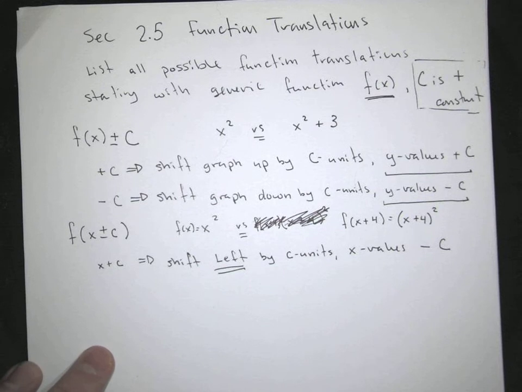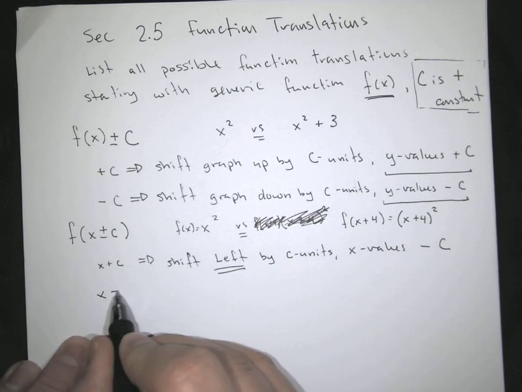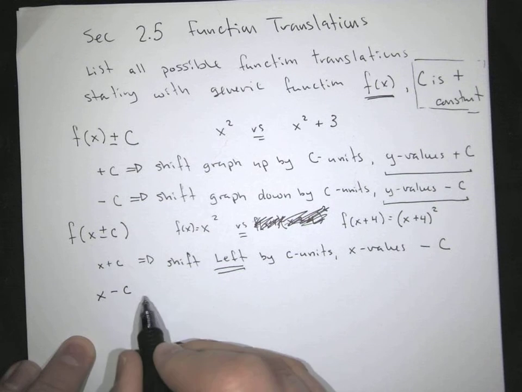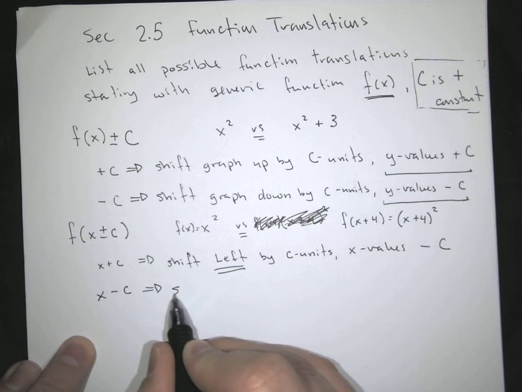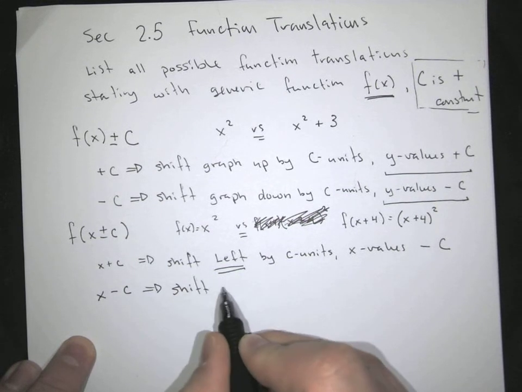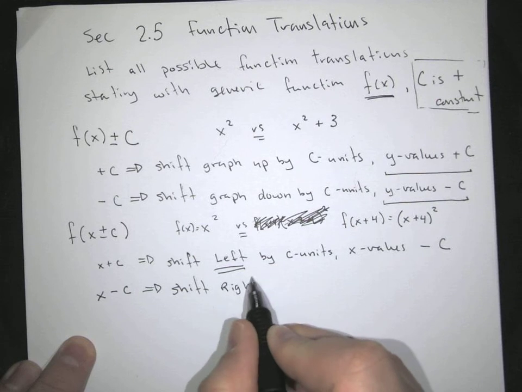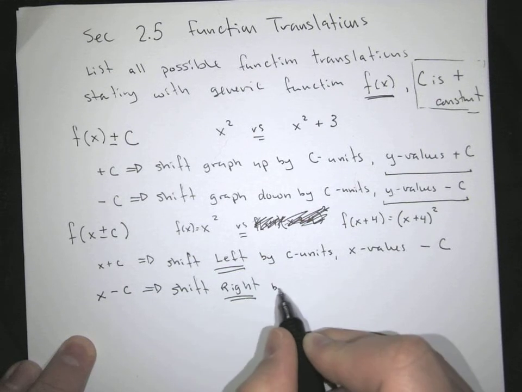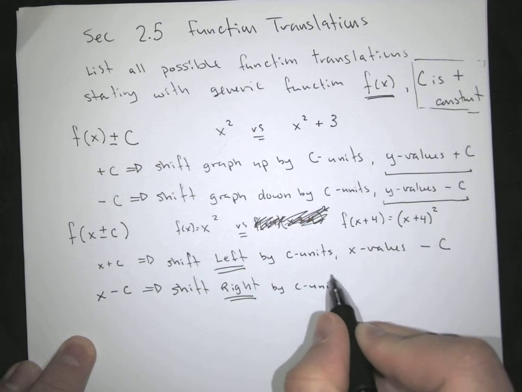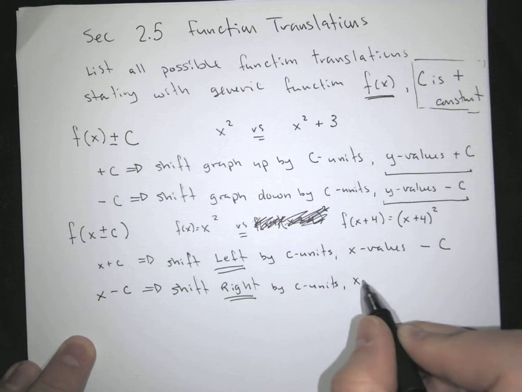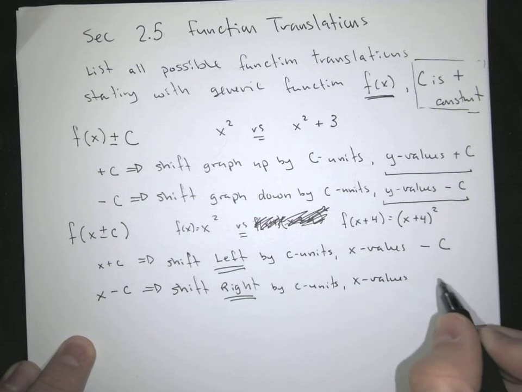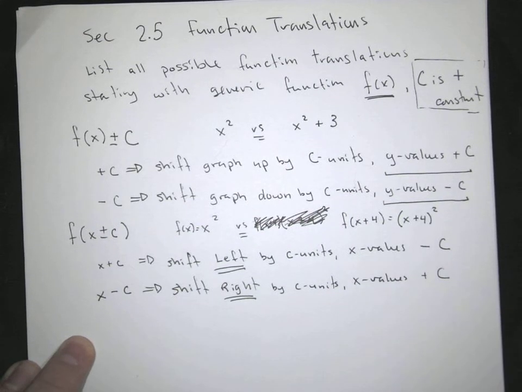Obviously, we'll go through examples for all of these in detail. We're just laying out everything here. If I do x minus c, that is going to shift me to the right, again just by c units. That's going to be my x values plus however much c is.